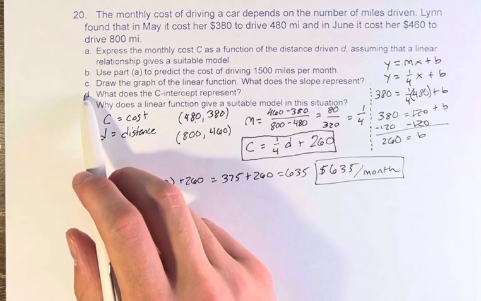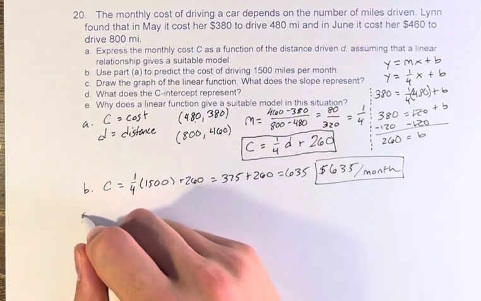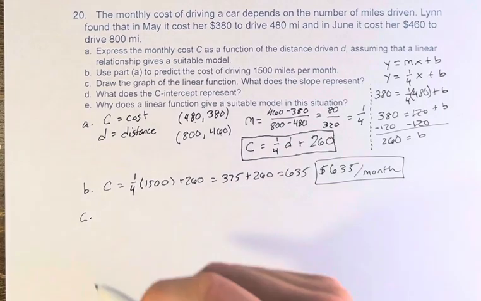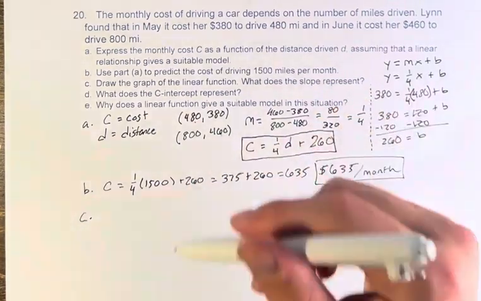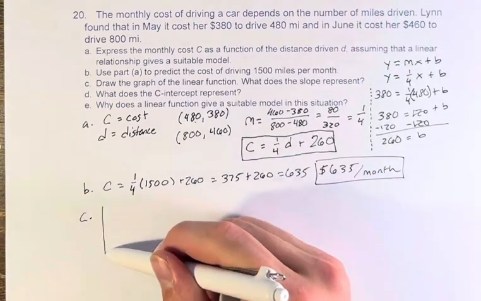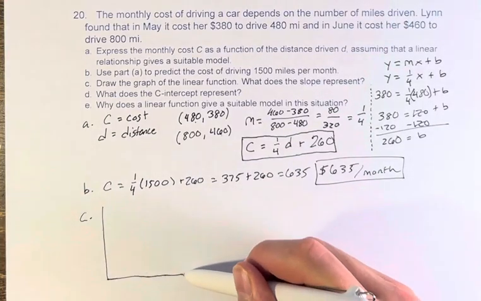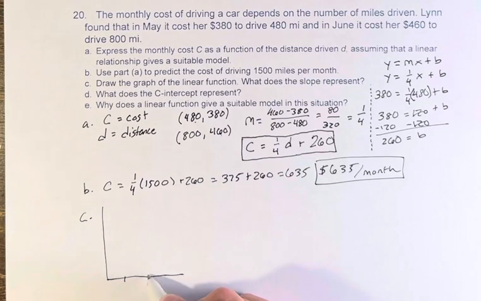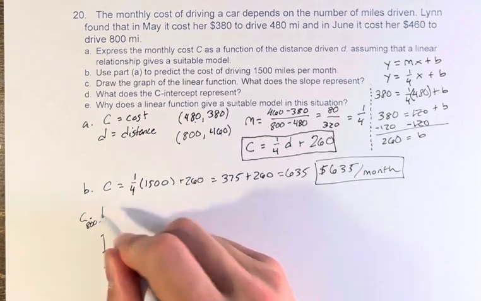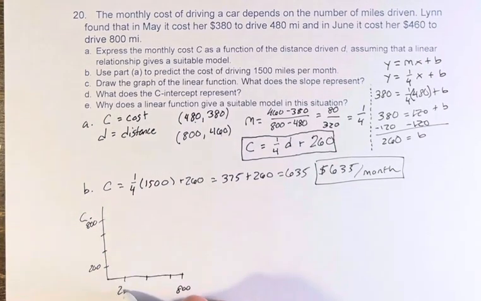In part C, we're asked to draw the graph of the linear function. So we have 2 points here. We can actually start not at one of these 2 points, but at the y-intercept, 260. So for 200, 400, 600, 800, each of these ticks is 200.